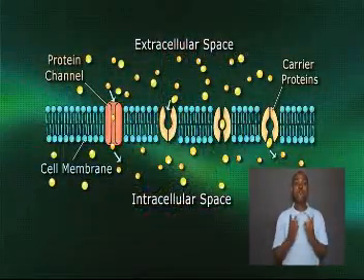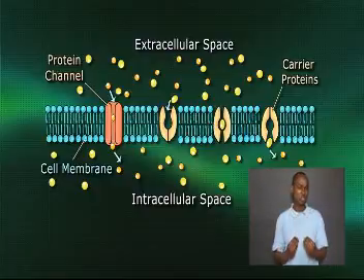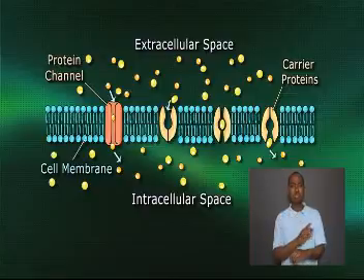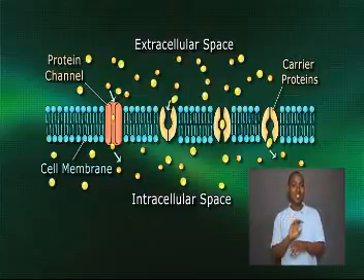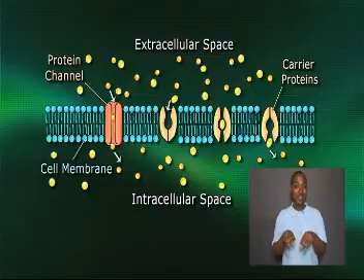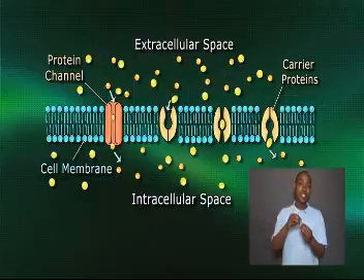Diffusion is a slow process. Some cells adapt to make diffusion more efficient. As substances move in and out across the cell membrane, the most common adaptation is an increase of the surface area of the cell membrane.